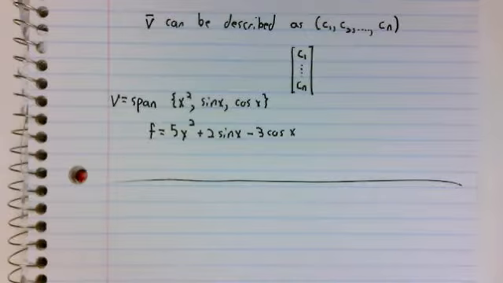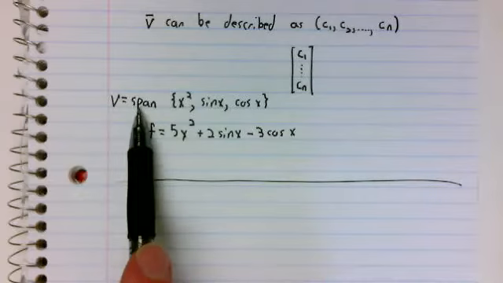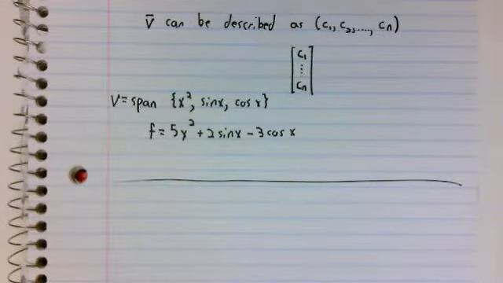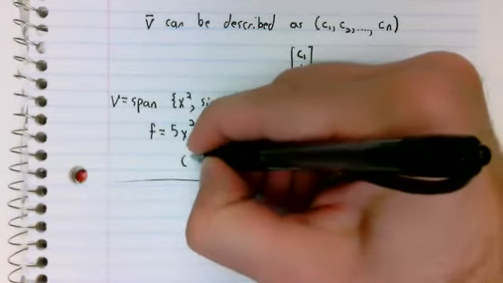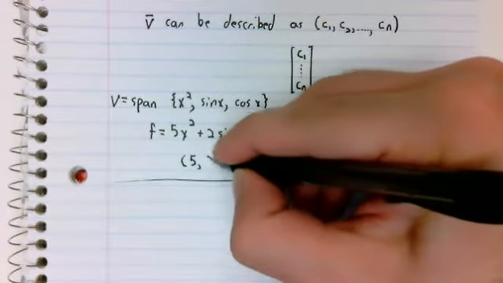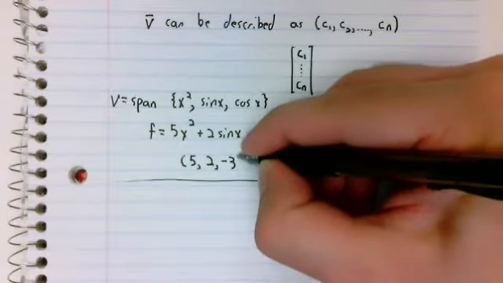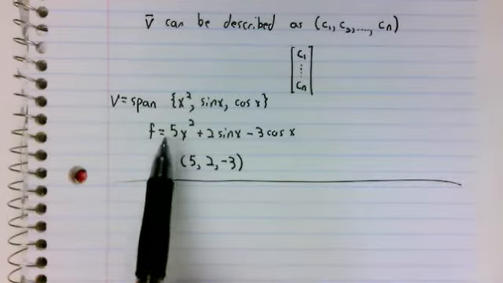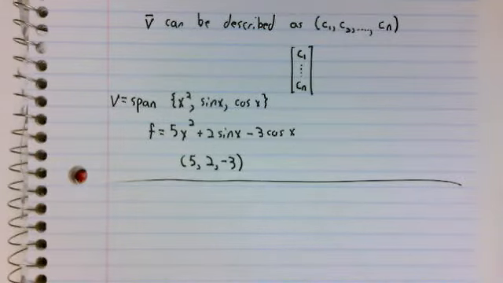In another sense, though, this function and every element of this vector space is really simple. It's so simple that it can be uniquely represented just by jotting down three numbers, these three coefficients.